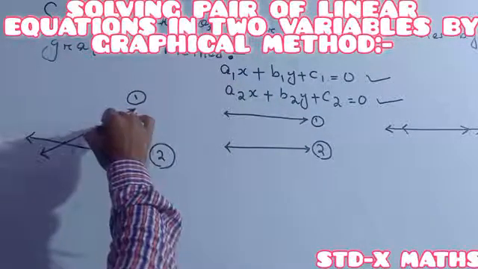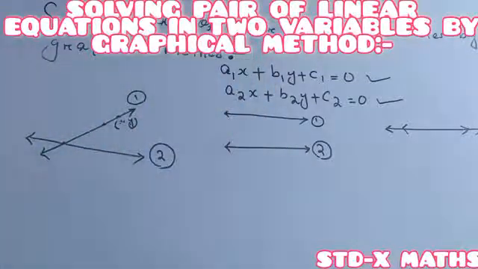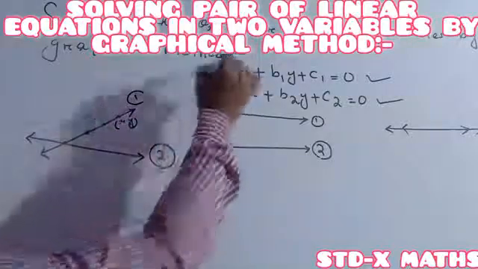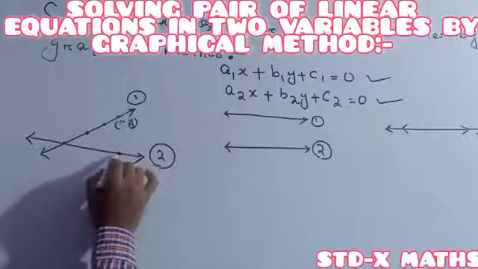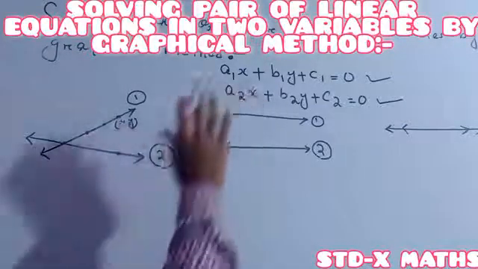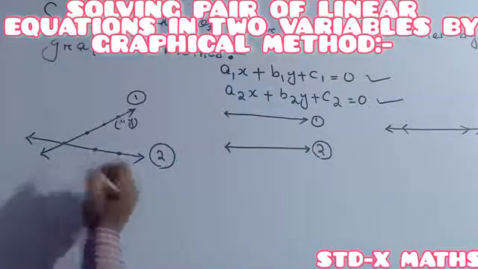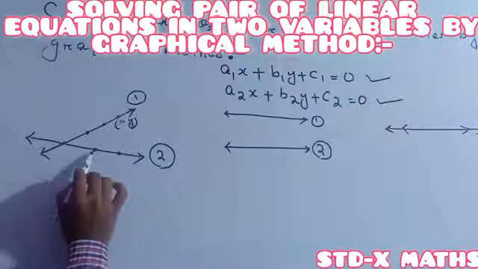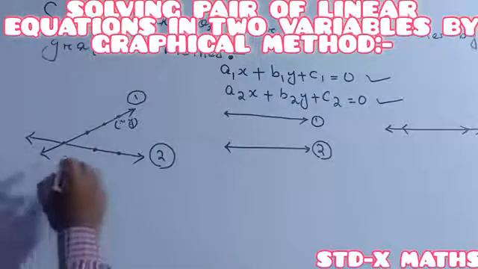Any point lying on this line must satisfy this linear equation. This is one point which satisfies the first linear equation. Suppose this is one point which lies on the second line, it means it satisfies the second linear equation. Suppose this is another point lying on the second line, it means 100% the point satisfies the second linear equation. And here it is a common point.